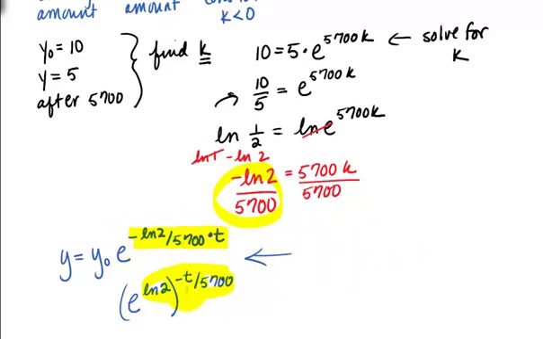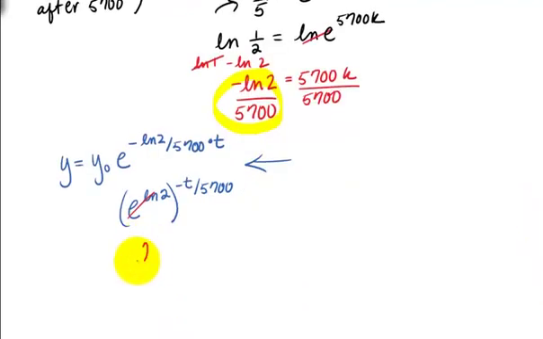So that works out, and the reason we want to do that is because now we can say, hey, look, this e and this natural log cancel out, and we end up with just 2, which is a little bit nicer, and we have this negative t divided by 5,700 right there. So we've got y naught times this equals y.